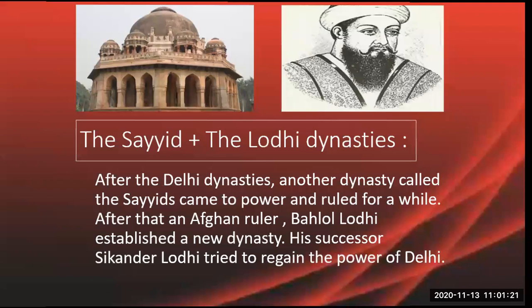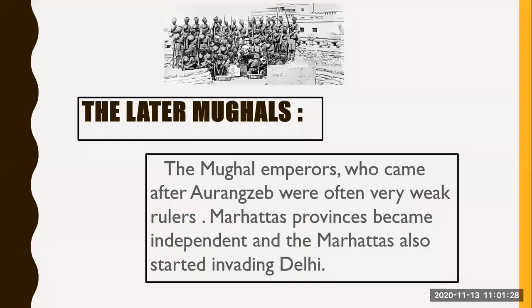I connected the slides of the Mughals here, but something is missing. You have been taught very well about the Mughals, and we know how many Muslim Mughals there were. There were seven Muslim Mughals, and they started from Mughal Emperor Babur, and the last Mughal Emperor was Bahadur Shah Zafar.